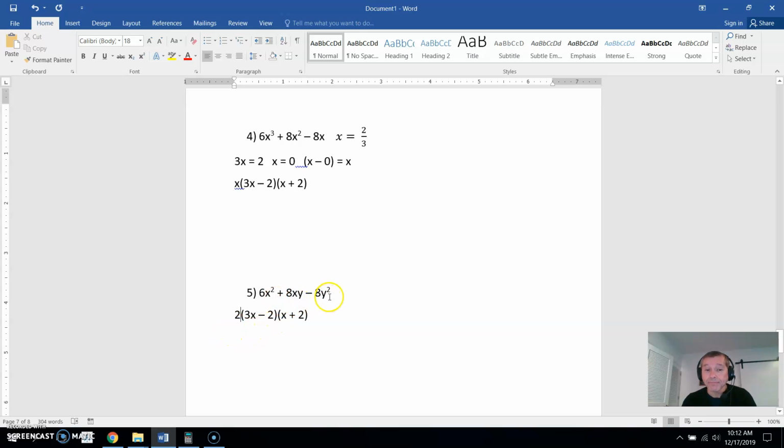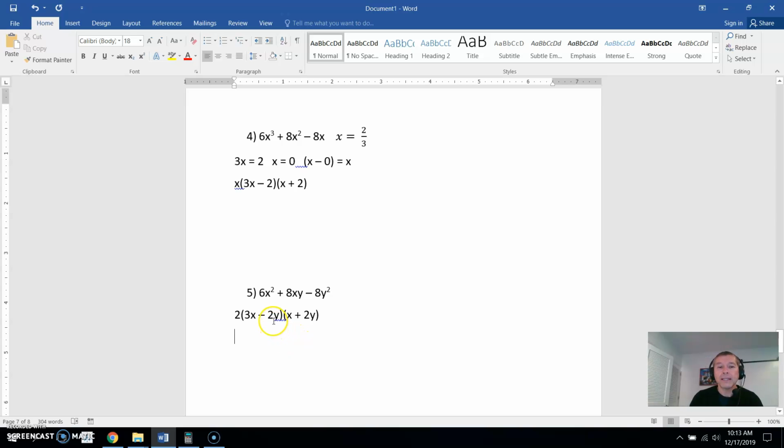And now, the y's. Well, how can I get -8y squared? -2 times 2 is -4 times the 2 is -8. So I see where the -8 comes from: -2 times 2 is -4, times that 2 that's out front, gives me -8. But how can I get y squared? I can only get a y squared if I put a y, and this is the key thing, I have to put a y at the end of each term.